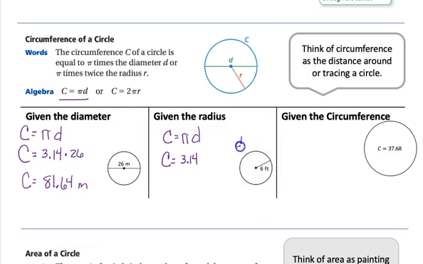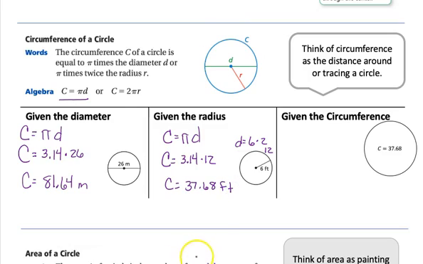Well, the diameter is the radius times 2. So it'd be 6 times 2. So that would be 12. So I'm going to take this times 12. So 3.14 times 12. And it looks like my circumference is 37.68, and this would be in feet.